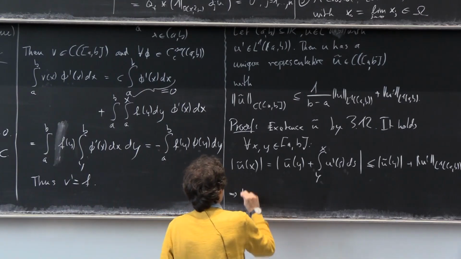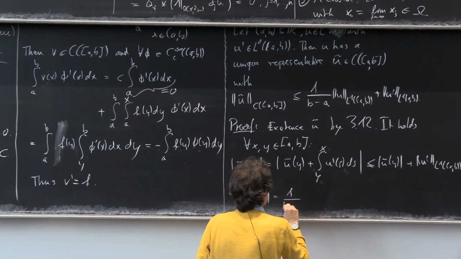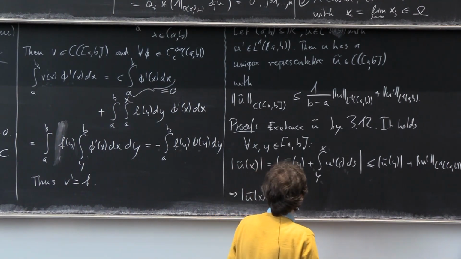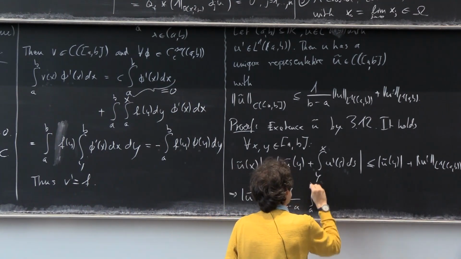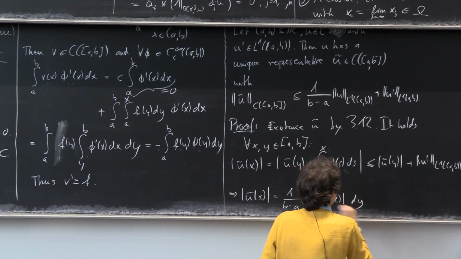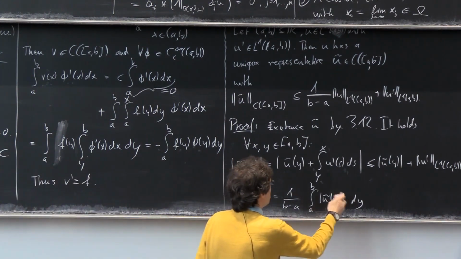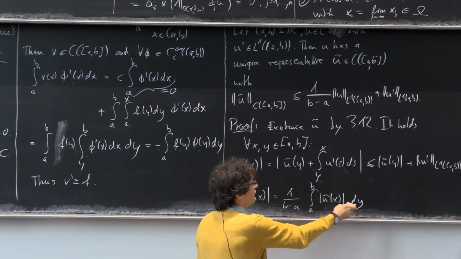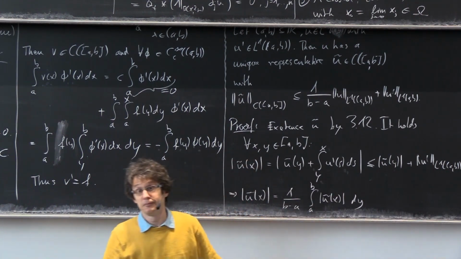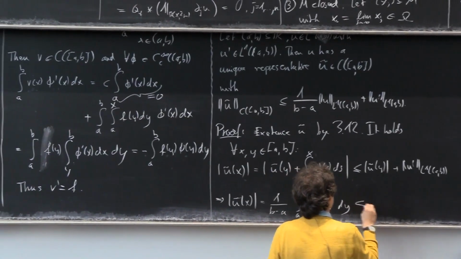So we know that the absolute value of u tilde of x can be artificially written as 1 over b minus a times the integral from a to b of u tilde of x dy. This is doing nothing in a fancy manner. I take this constant value in y and do a mean value integral. But the good thing is now you can put this estimate in there.